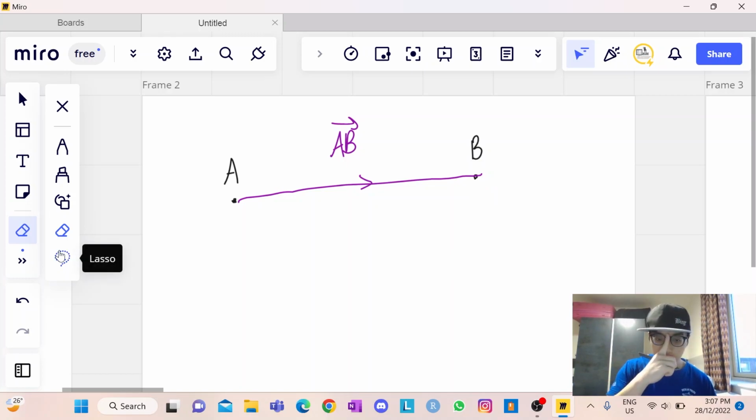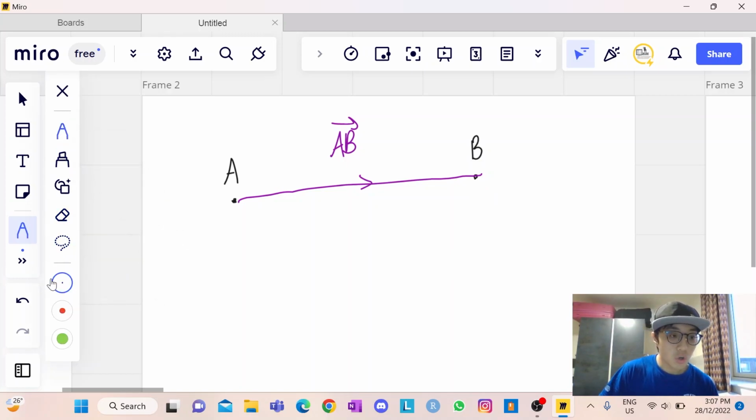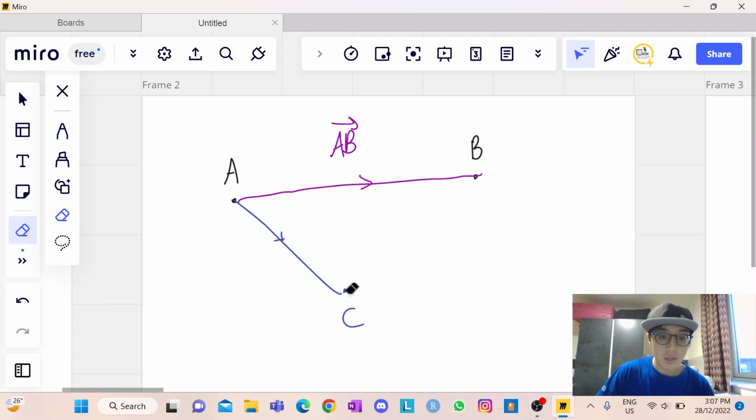And number two, you would need to know something like if I have another place named C. If you need to go to C first, and then go to B, then your road will change to something like this.